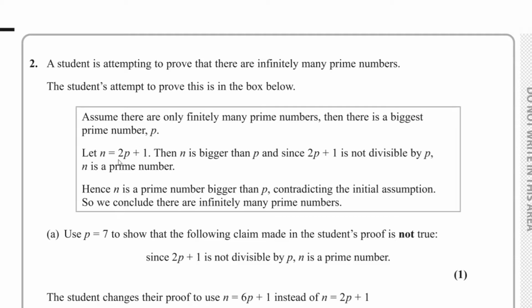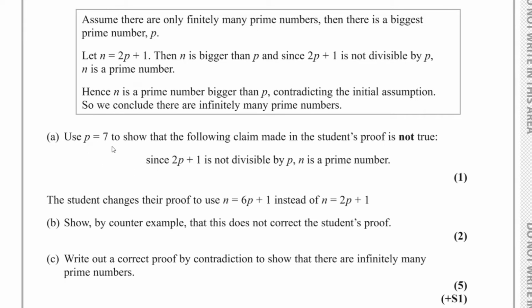If we let n equal 2p plus 1, then n is bigger than p, and since 2p plus 1 is not divisible by p, n is a prime number. Hence, n is a prime number bigger than p, contradicting the initial assumption, so we conclude there are infinitely many prime numbers.